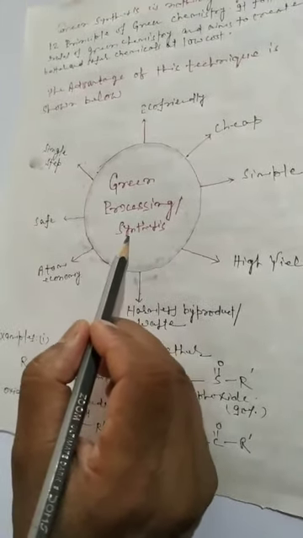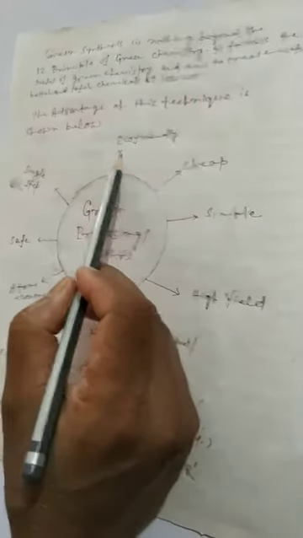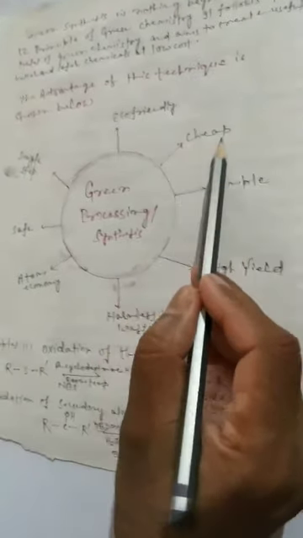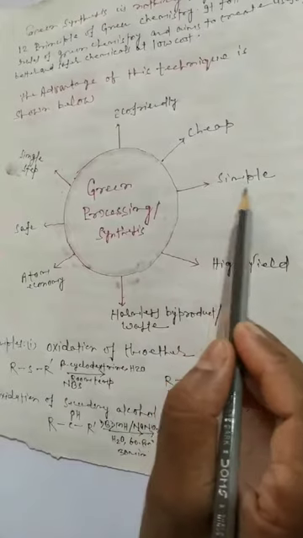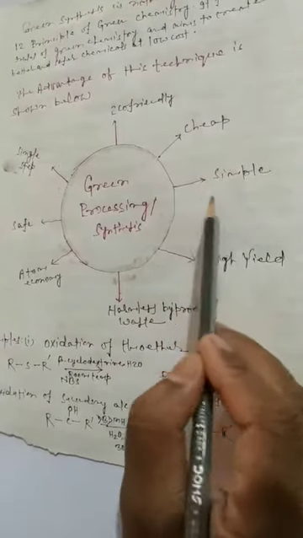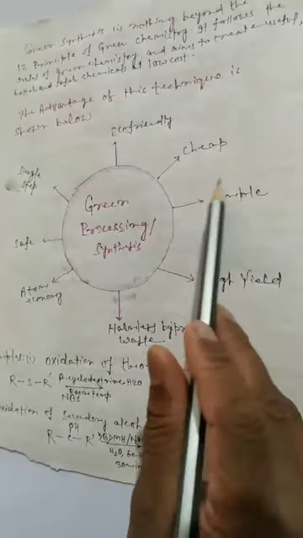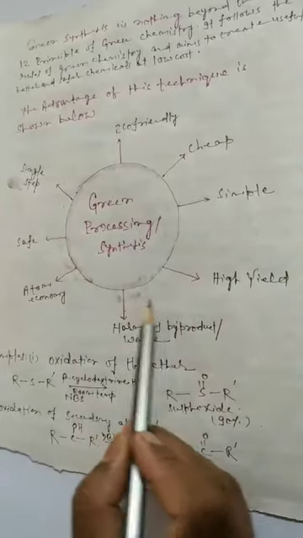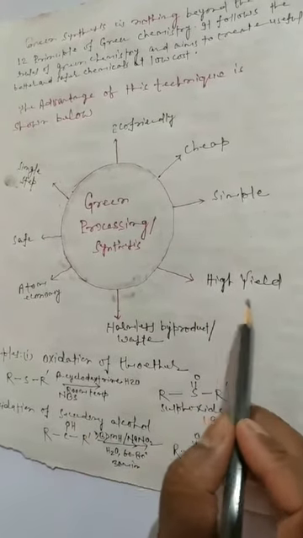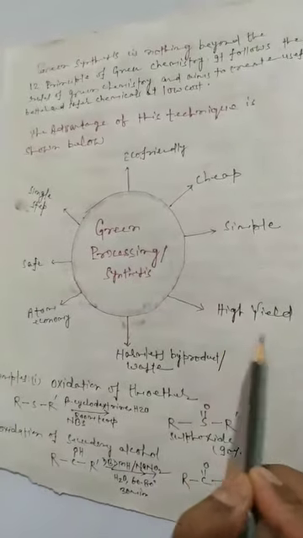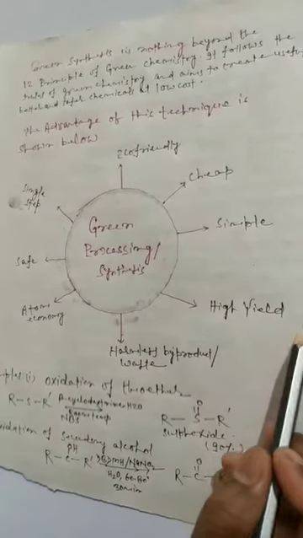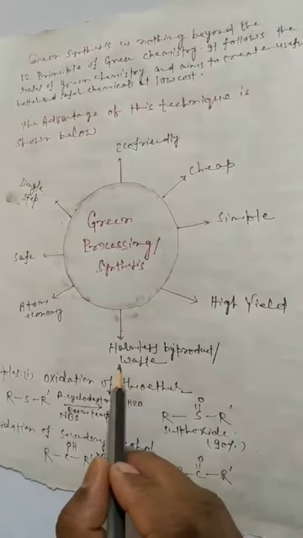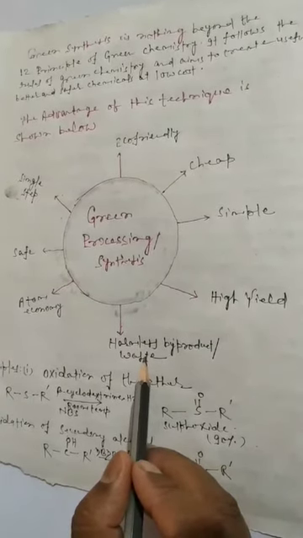The green synthesis must be eco-friendly and cost-effective, at low cost meaning cheaper. It is simple, so it is easy for all scholars to handle. It gives a high yield, maximum product, and the byproduct or waste during the reaction must be harmless, non-toxic.